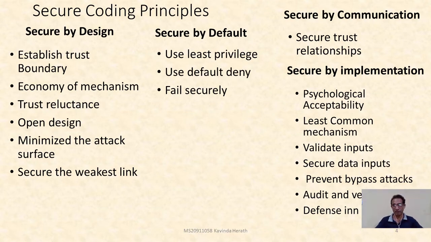This is for everyone to see the content. So this is open design, and minimize the attack surface. It's the kind of trust boundary. If we have proper protection walls, they mitigate access from attackers or intruders and minimize the attack surface itself. Secure the weakest links: we can identify where the links are weak. We should be able to understand that properly.